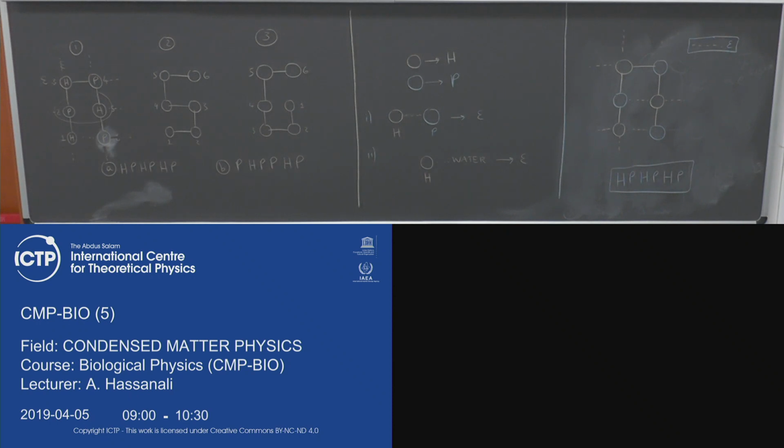What are the assumptions that I made? The nearest neighbor interactions. Nearest neighbor interactions, yes, absolutely. Is this a reasonable assumption to make? Probably not.